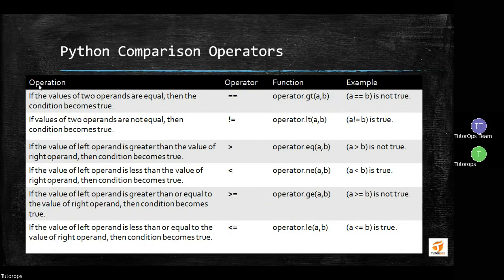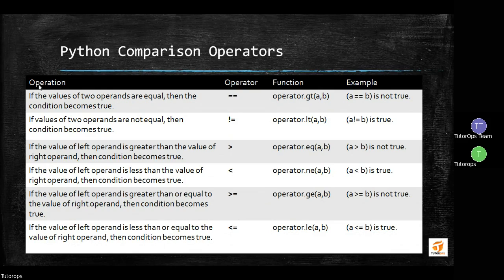Comparison operators. If the values of two operands are equal, then the condition becomes true. So if we say a equal to 5 and b equal to 6, then you can give a condition a equal to b. It is asking, is a equal to b?